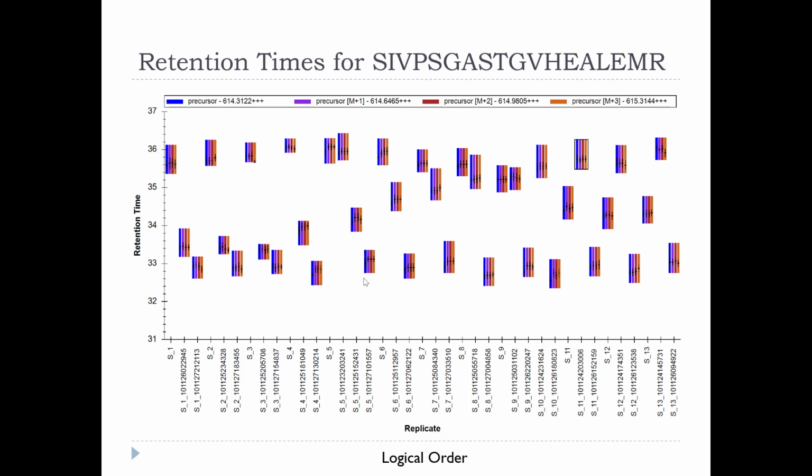Does everybody go, yeah, that's about how my data looks too? Or does anybody see any problems here? What do you think of this? As if I'm monitoring a single peptide, is this what I expect to see in terms of retention times? Is the chromatography very good?